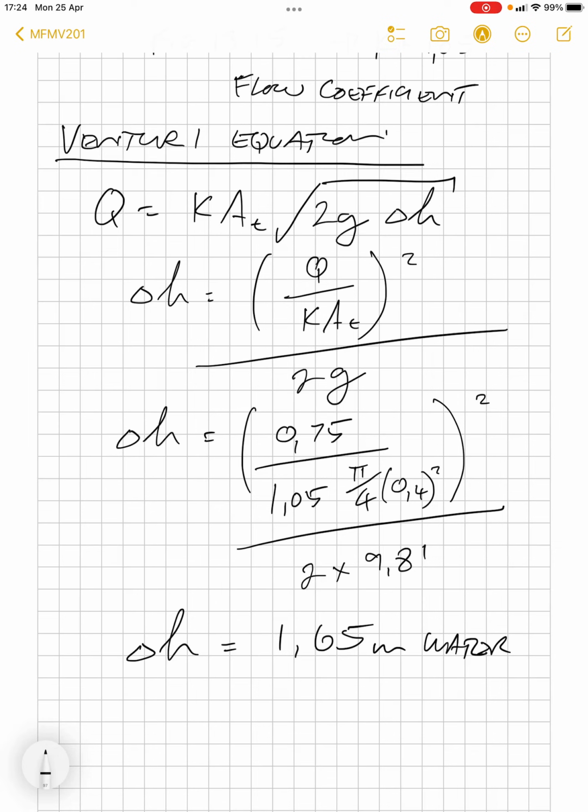So now we have the head difference between the throat and the pipe. This is what's causing the deflection in the mercury manometer. So using the manometer equation, we can now analyze the mercury manometer.